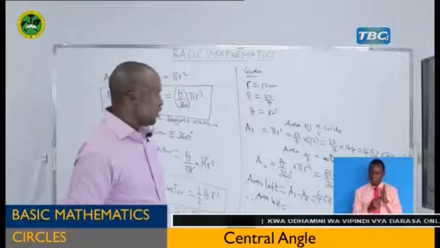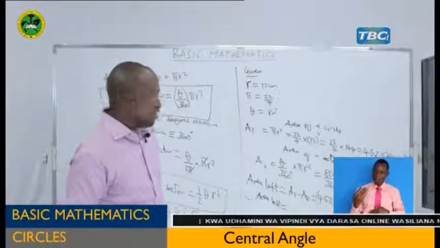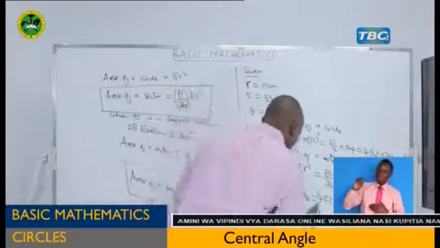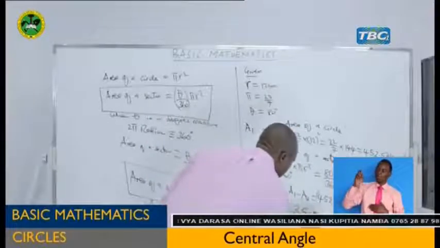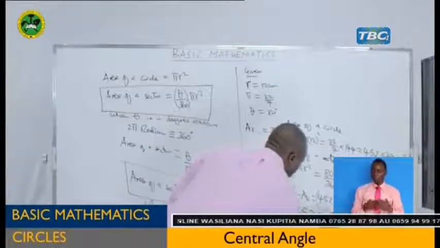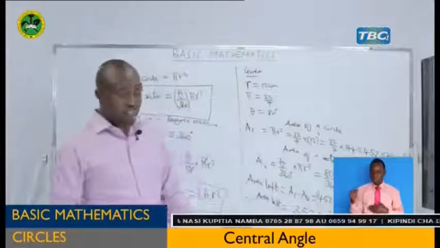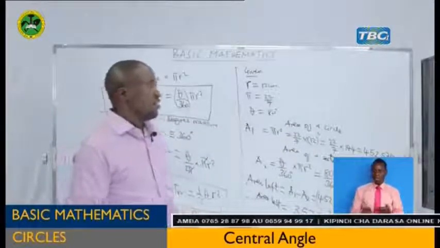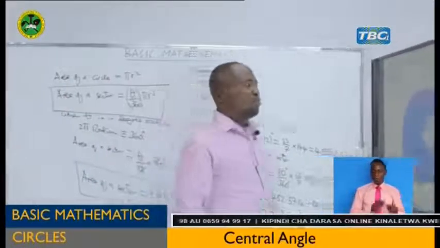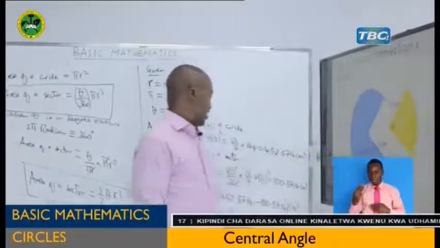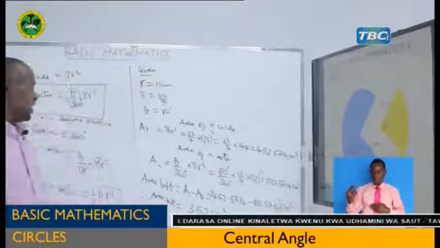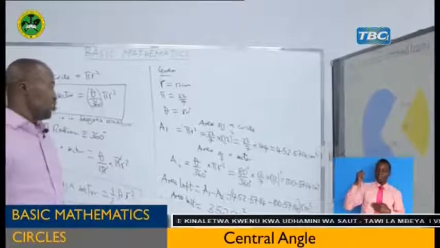So on subtracting, the area left on removal of this sector is 352 squared centimeters.